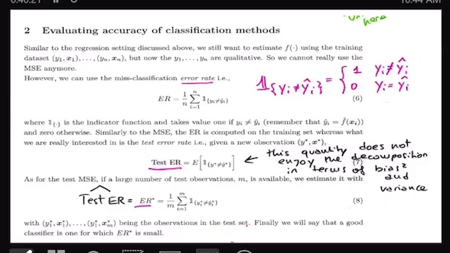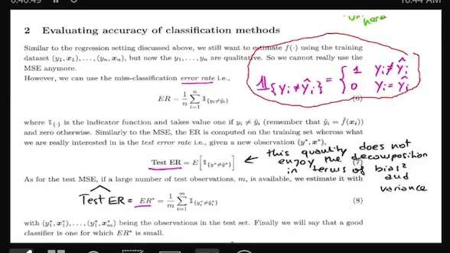So the mean square error is not appropriate here when you are looking into a classification problem. How do I know I'm working with a classification problem? That depends on the nature of the response variable. The response variable has to be categorical for a classification problem.